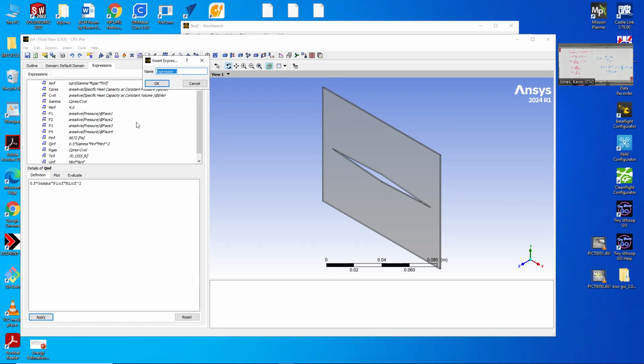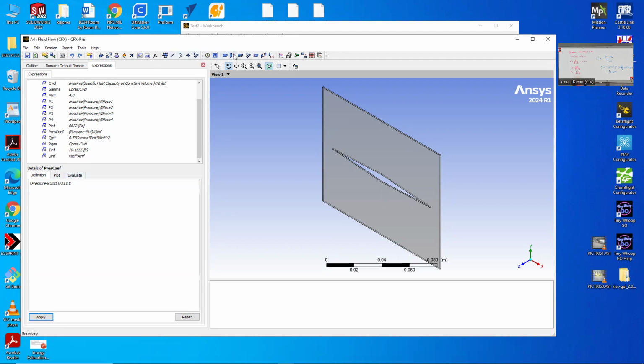Finally, my pressure coefficient is equal to pressure minus PInf over QInf. The only reason to do that here is because it makes it easier for you to compare against perturbation theory. All right, I think that's it for expressions.